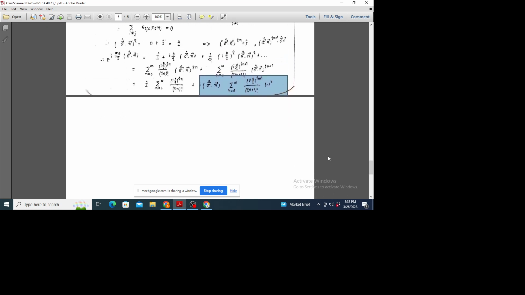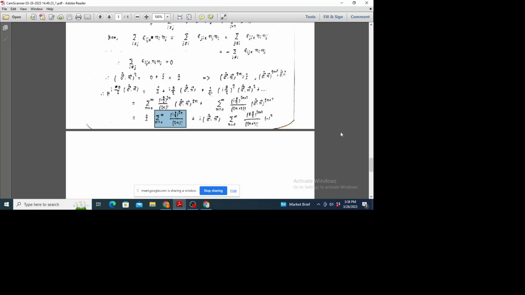Okay, so the operator is brought out, and the summation is just a number. Similarly here also the summation is just a number, so there is no operator that needs to be summed.